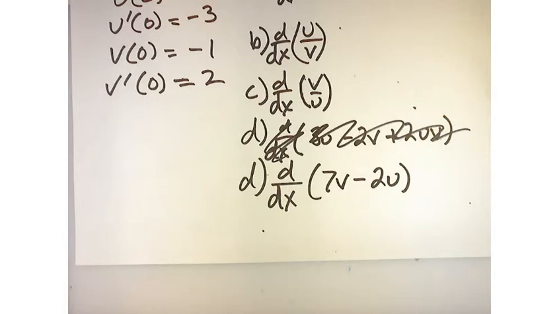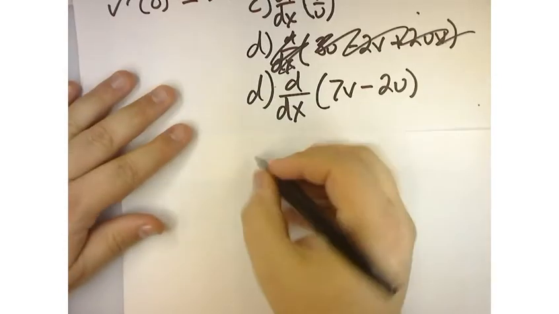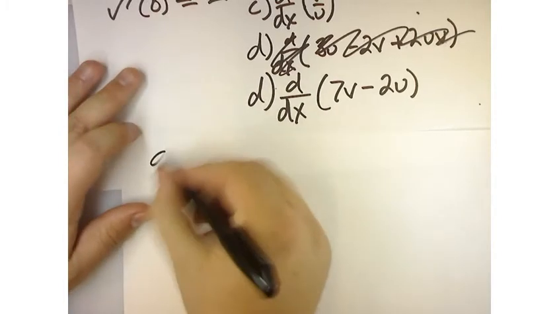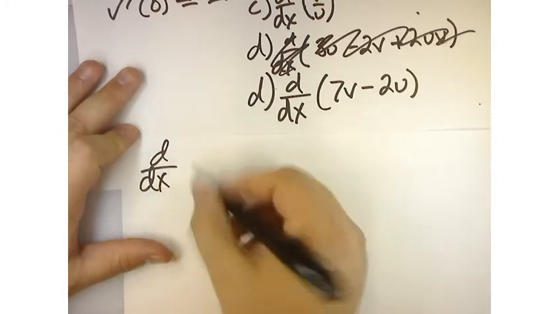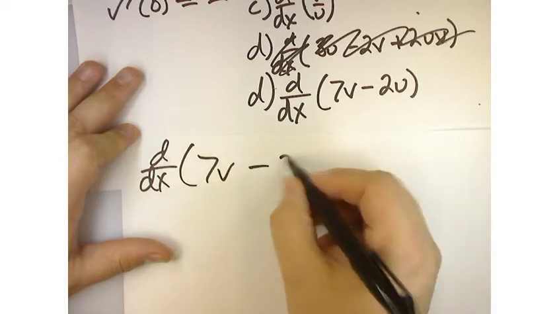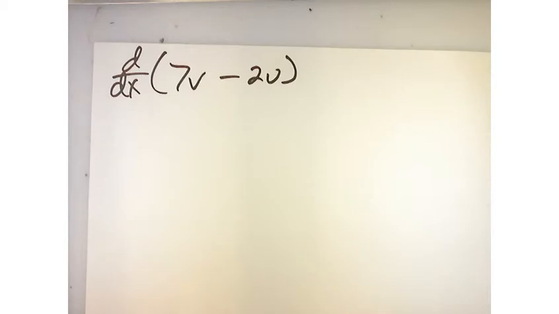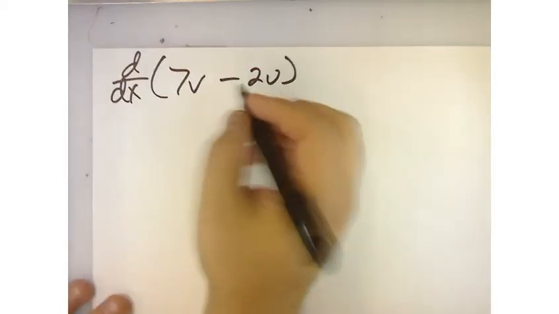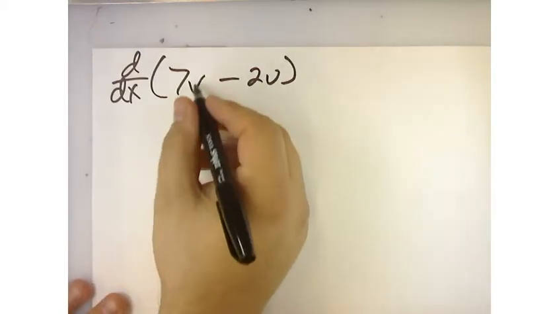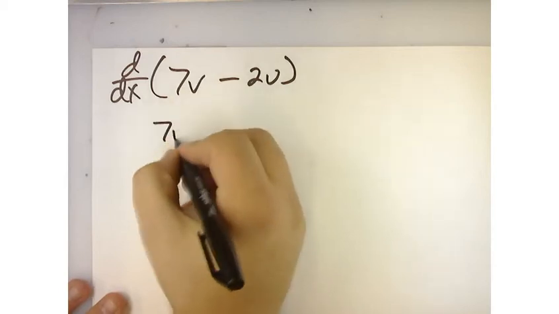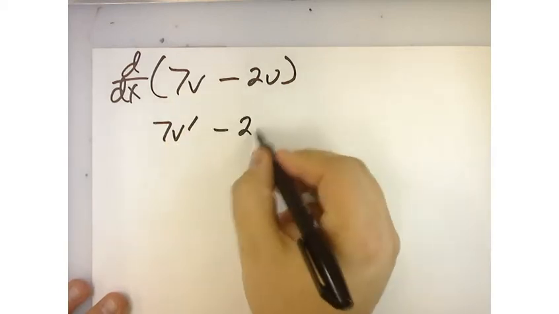All right, here we go. D is the tough one. So we're going to find the derivative with respect to x of 7v minus 2u. It's not really tough. It looks tough, but it's not really tough. So when we go to take the derivative of this, we just need to take the derivative of 7v, which would be 7v prime, right, minus 2u prime.